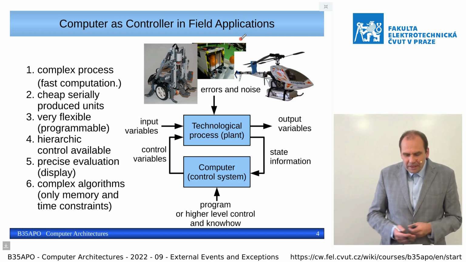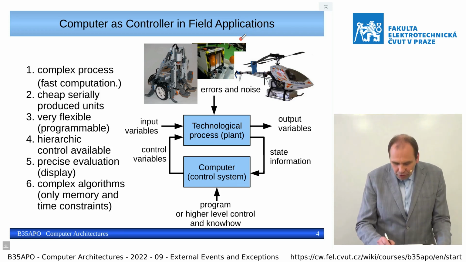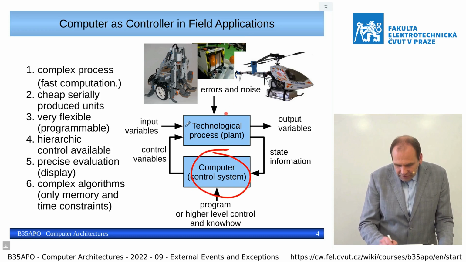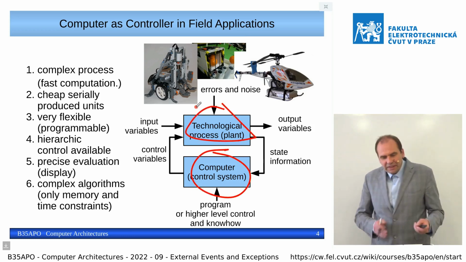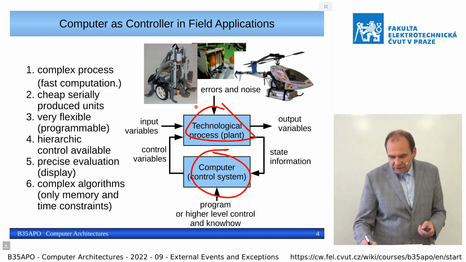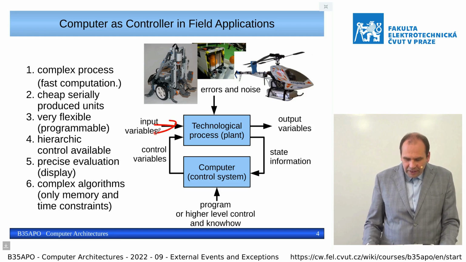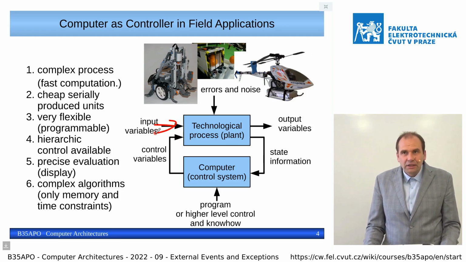So at the moment when we start to look at the computer system as a controller which controls the state of some plant, then we can look at it through classical control theory. In control theory, we have some input variables which are not directly controllable.